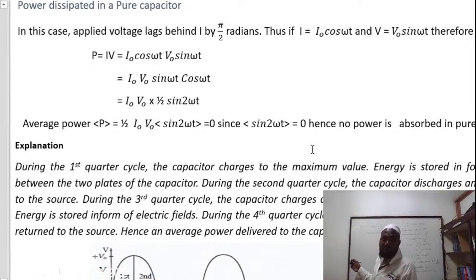Which is now going to be the same as I naught V naught sine 2ωt.